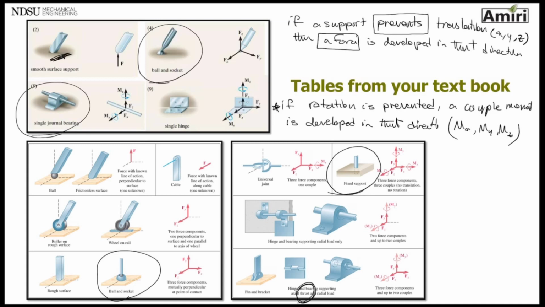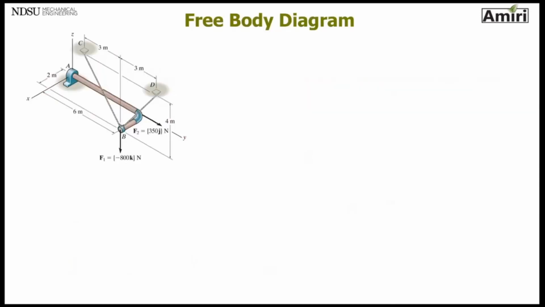The difference between the thrust bearing and journal bearing is that a journal bearing can move in this direction and it can rotate in this direction. A thrust bearing, of course, can rotate, but it cannot move back and forth. That's the difference between thrust bearing and journal bearing. So I have some examples for you. So this is a journal bearing.